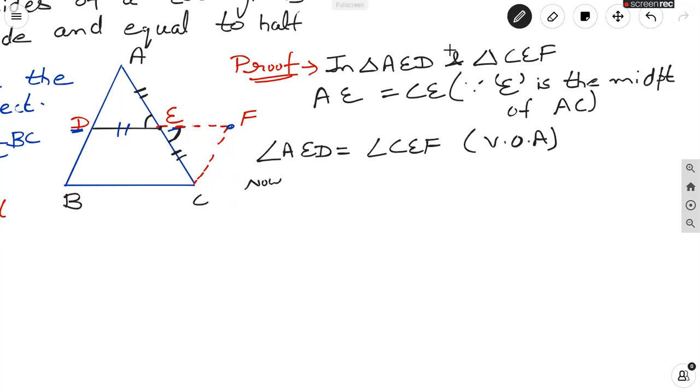Now, AB is parallel to CF by construction. And you can see that if AB is parallel to CF, see, this is AB and this is CF, we can say that AC is a transversal.